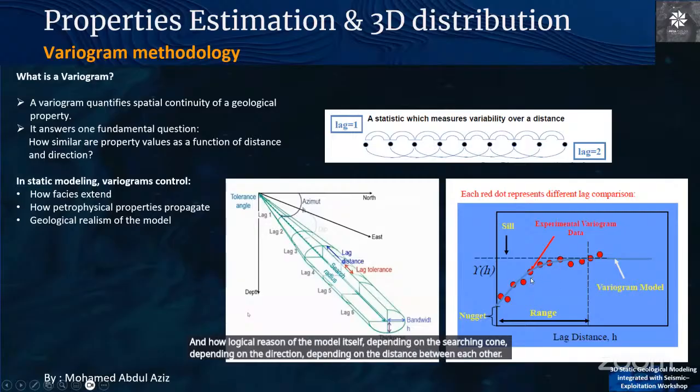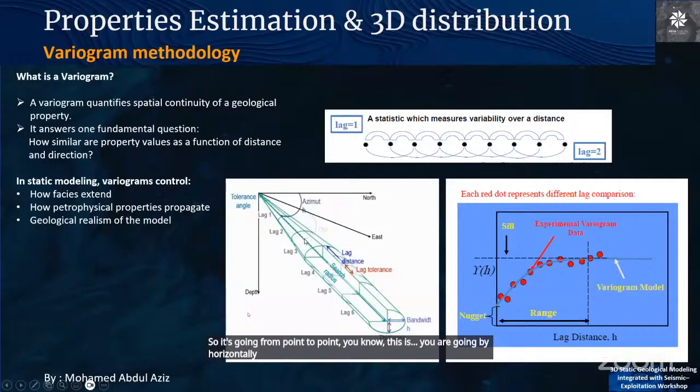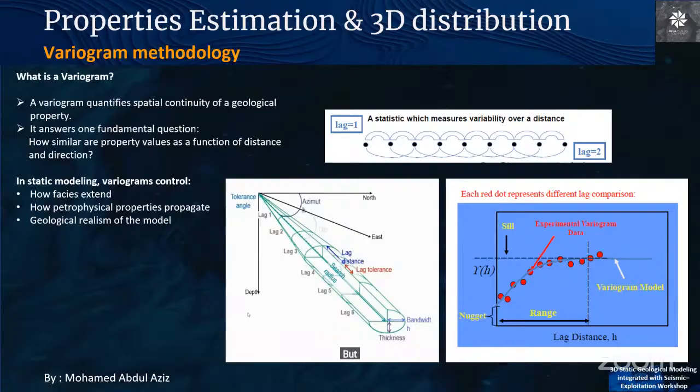All of this is quantifying the spatial continuity, the spatial similarity. So it's going from point to point, horizontally and vertically. I don't care about the vertical because the vertical resolution comes from the upscaled well logs, but I'm discussing the horizontal variance.